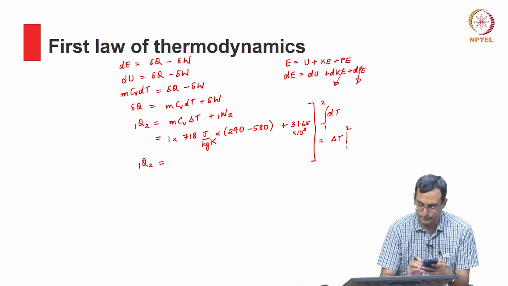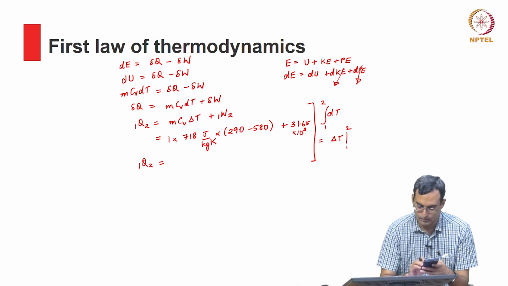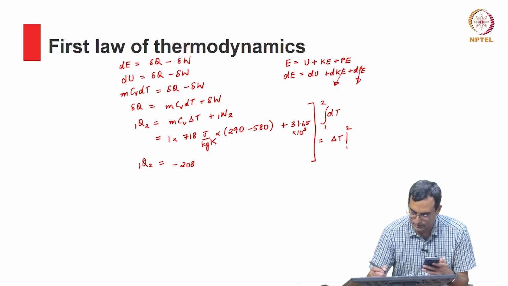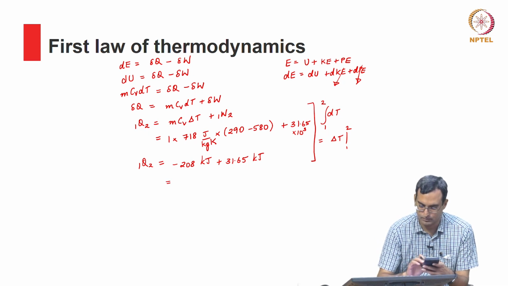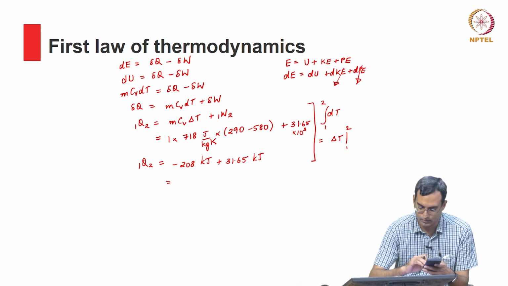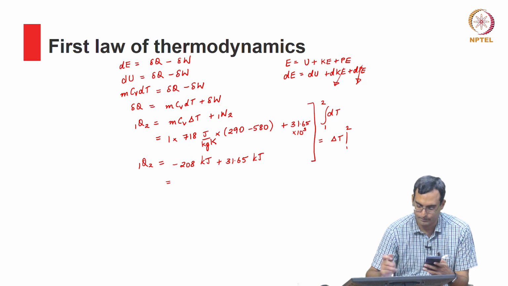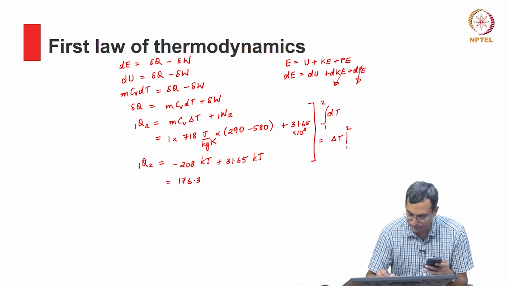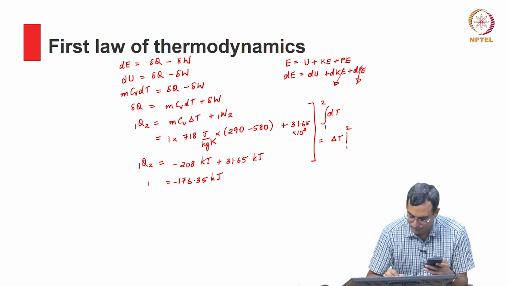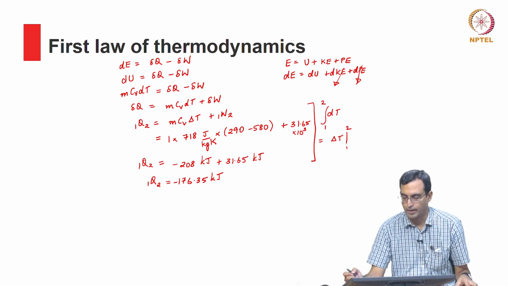So, I have 718, so this is minus 208 kilojoule plus 31.65 kilojoule, which tells us the value of this.